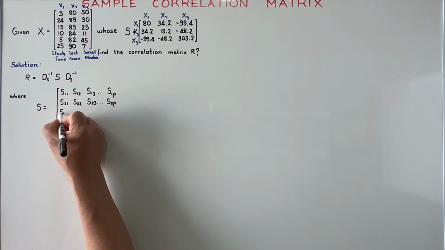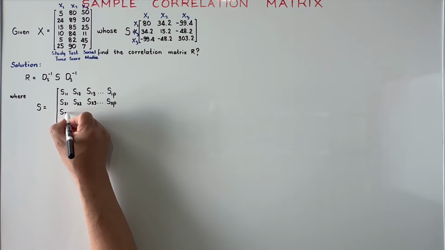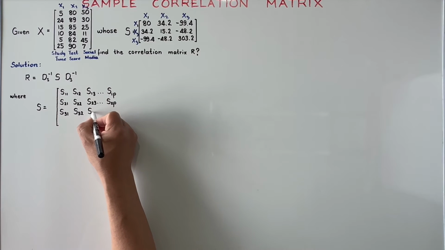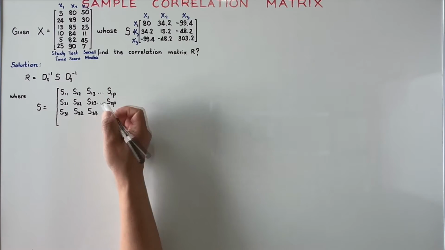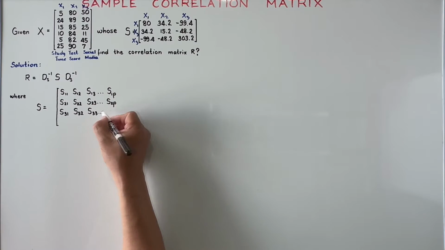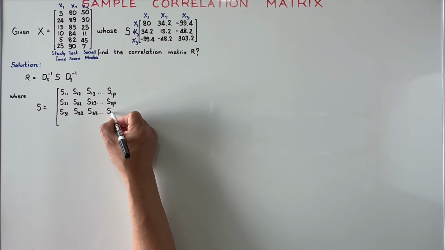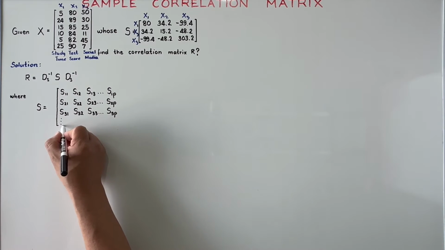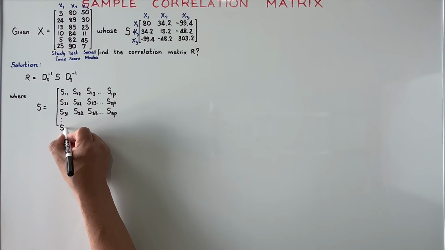In the third row, we have the covariance between the third variable and the first variable, the covariance between the third variable and the second variable, the covariance between the third variable and itself. That is why we have S sub 3 until you reach the covariance between the third variable and the pth variable. And so on and so forth until you reach S of p sub 1.